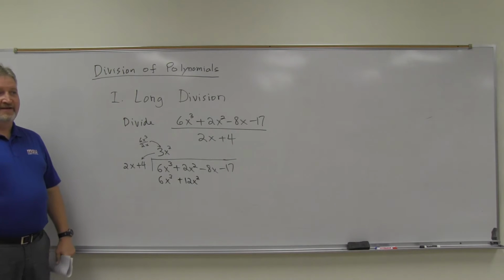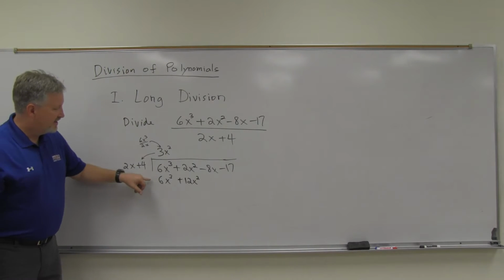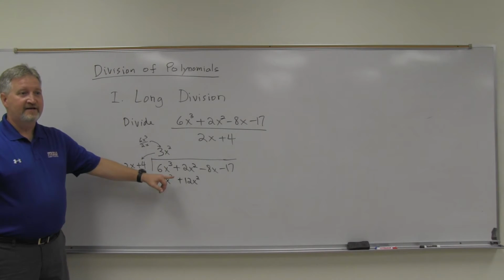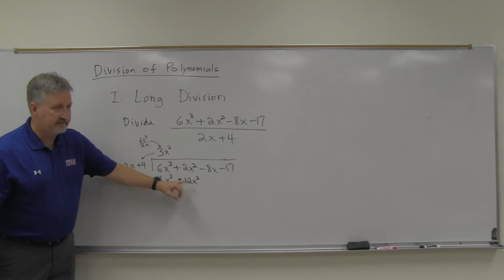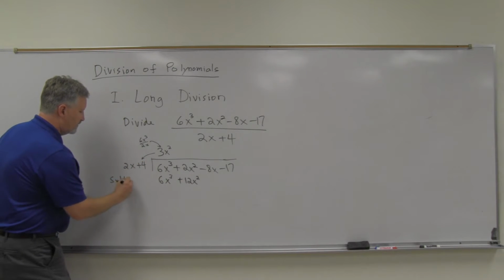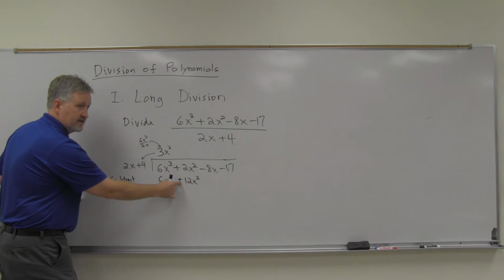Now, as you know, hopefully, when we're doing this divide, what we're doing is subtracting these two. So what I like to say is, yes, I'm subtracting this one from this, but what that really means is I'm going to change these signs. Both of these are going to be minus now.